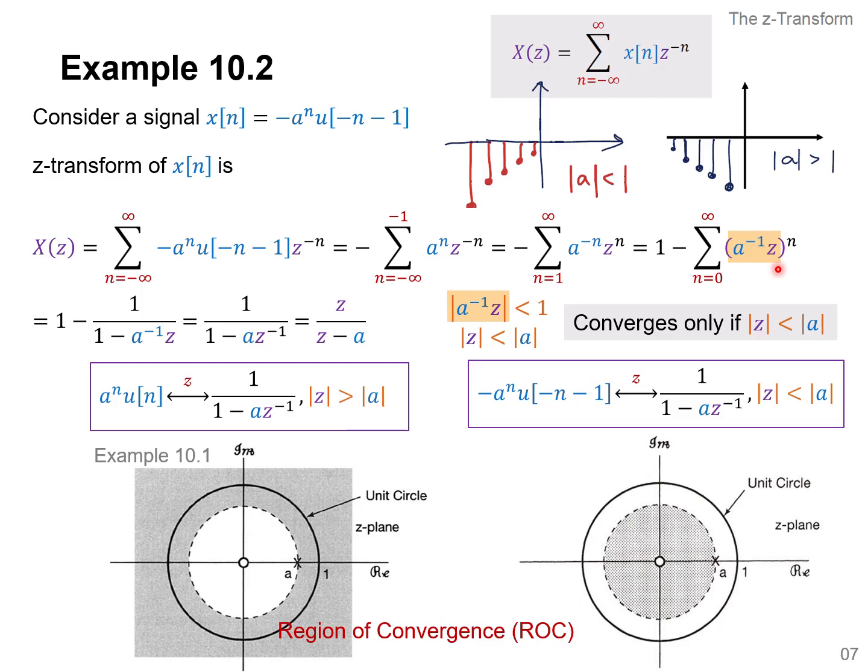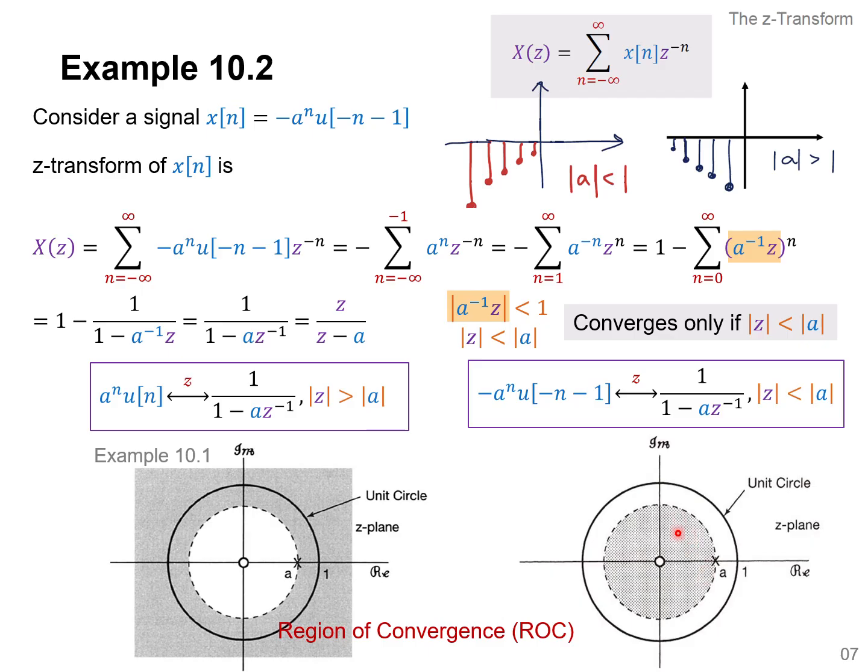So the z transform works only when the magnitude of z is less than a. The ROC is the shaded region inside the circle with radius a. This means the transform works only when the magnitude of z is smaller than a.